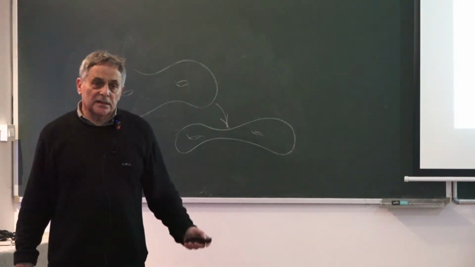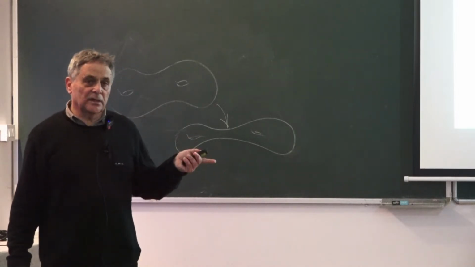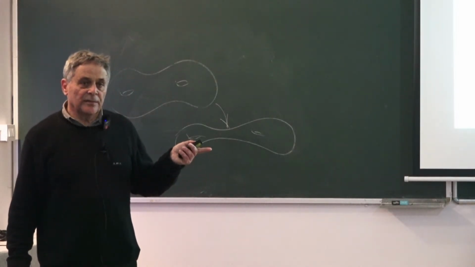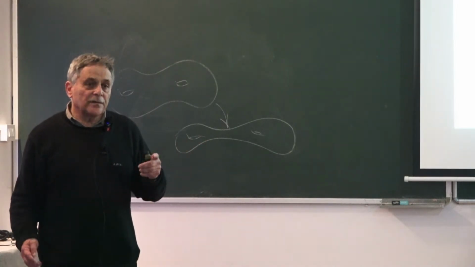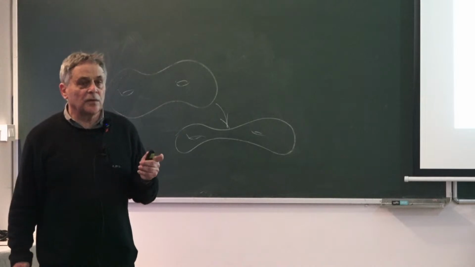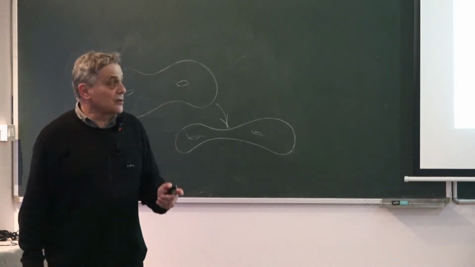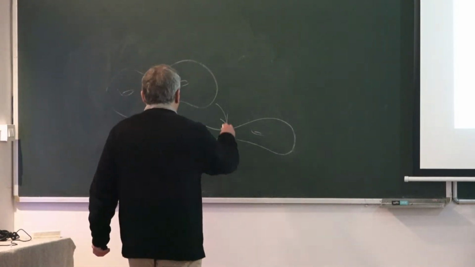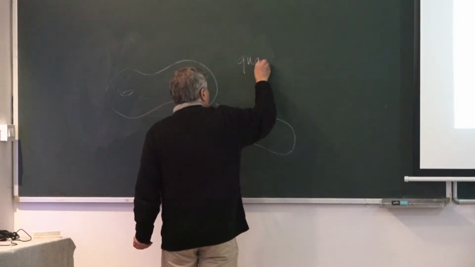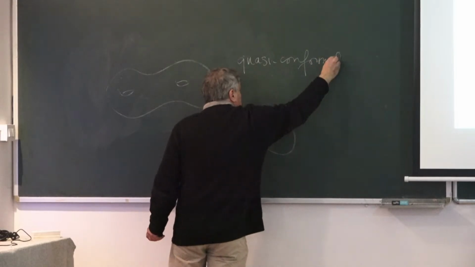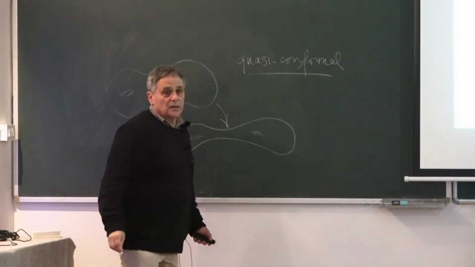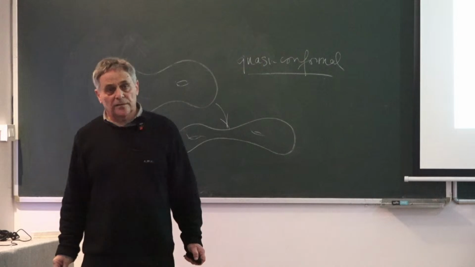The question which Teichmüller asked is, what is a best close to conformal map, or a best quasi-conformal map? Quasi-conformal means best close to conformal.